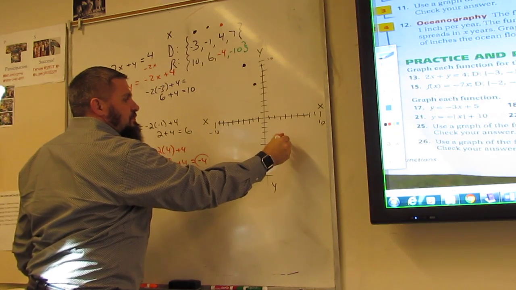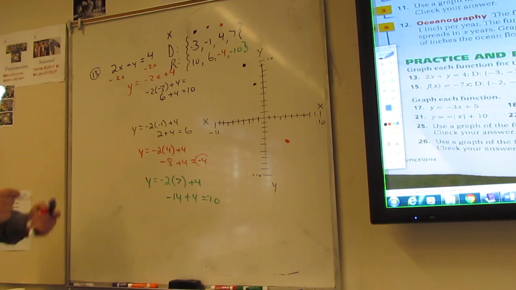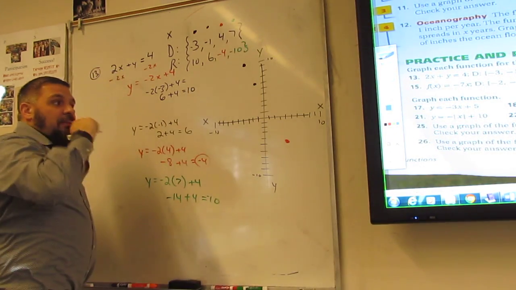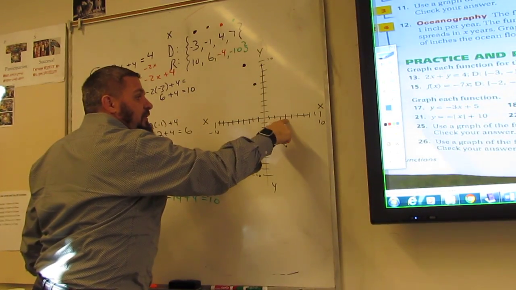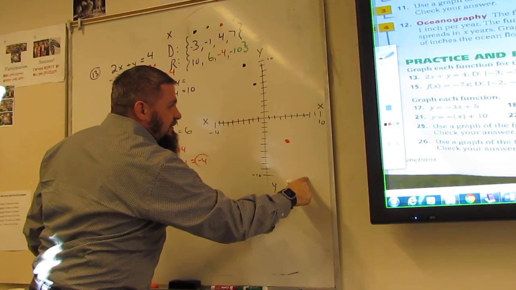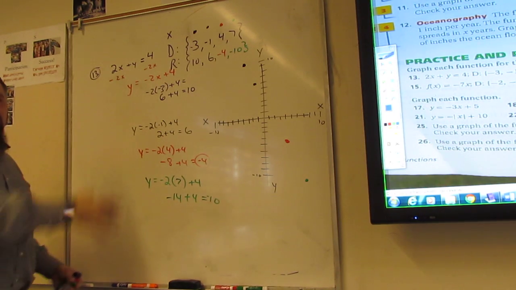Boom. Then I'm going to go to 7 with the green. I'm going to go over 7, 1, 2, 3, 4, 5, 6, 7. And then I'm going to go down to negative 10. And that is graphing your points.